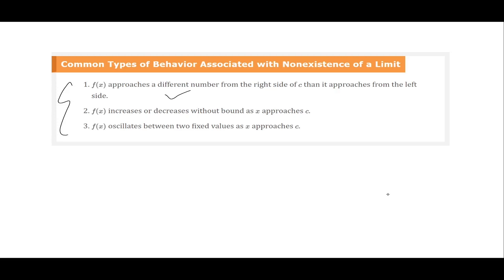If the function just keeps growing and growing, then you cannot find the limit when x approaches c. The third is the function oscillates between two fixed values as x approaches c. There are some problems you'll see where the function oscillates between two values. In that case, we can say the limit does not exist. So these are some common types of behavior.